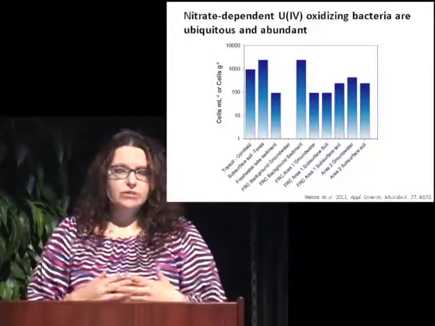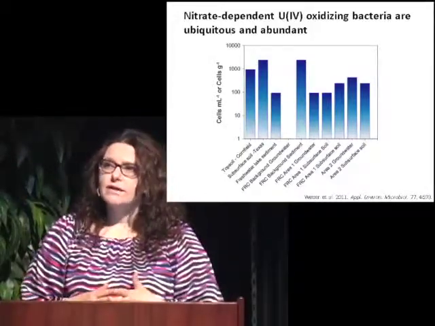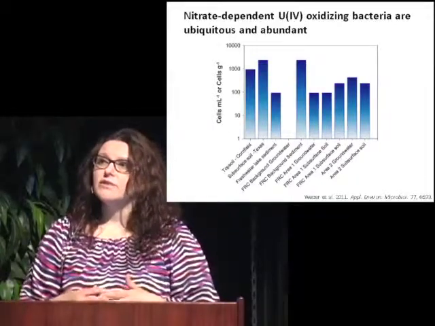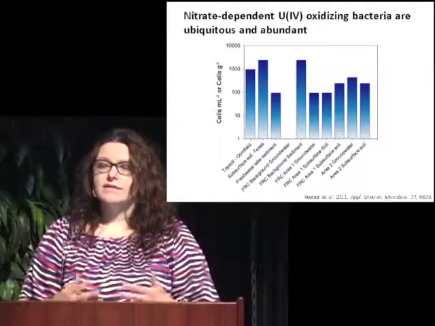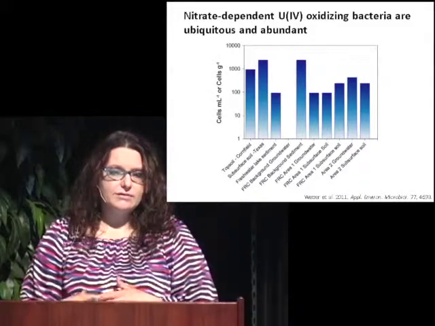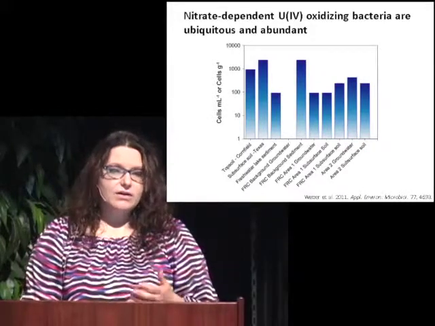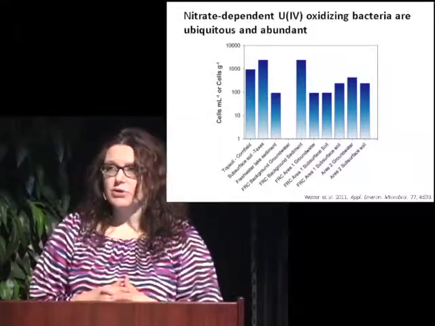Not only are these organisms diverse as far as their phylogenetic affiliation, but they're also abundant. If we actually look at the number of microorganisms in any environment that might be potentially capable of oxidizing reduced uranium coupled to nitrate reduction, we do find that they are abundant, about 1,000 cells per gram of sediment.